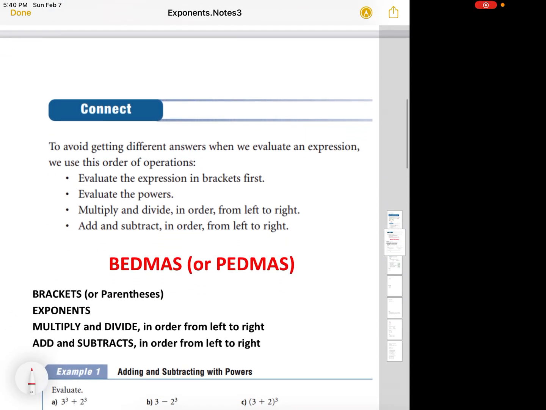Now, to avoid getting different answers when we evaluate an expression, we use this first. The brackets first, B, or we can also say P. I prefer B myself. Then the exponents, then multiply and divide, so DM or MD, and then add and subtract. That's our order for doing our operations.